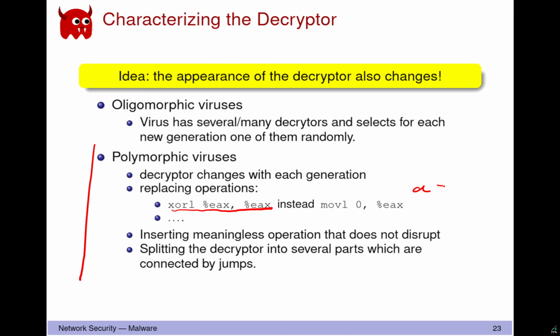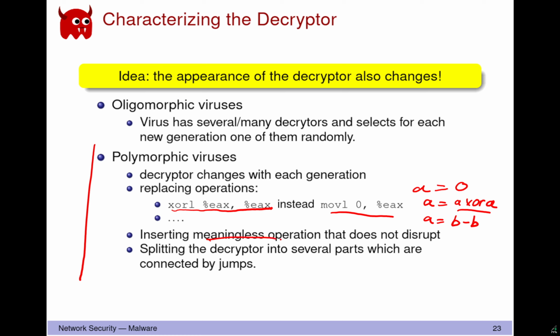Basically what is done here is A equals 0, and A equals 0 would be A equals A XOR A. This is equal. And you can also say A equals B minus B, and you get the same result. Basically, you exchange parts of the code that are part of the signature to make it look different.